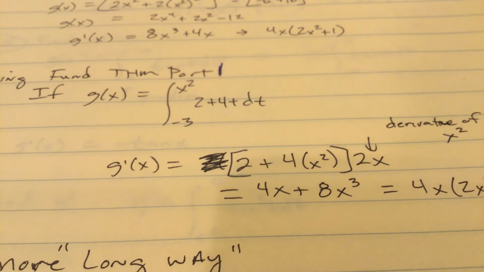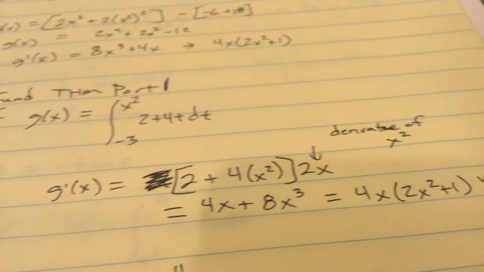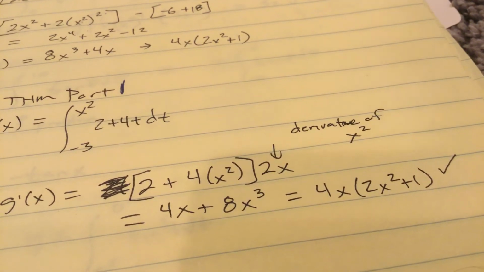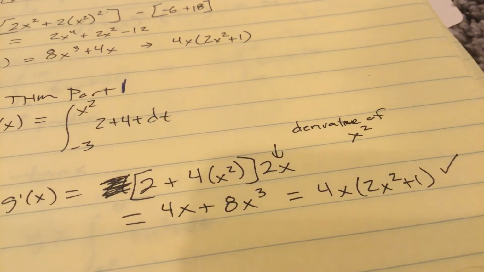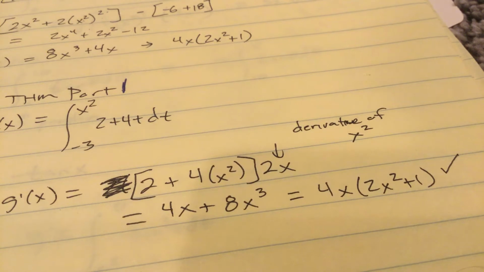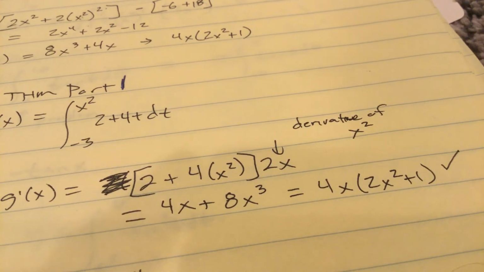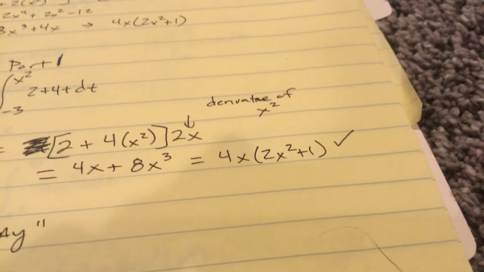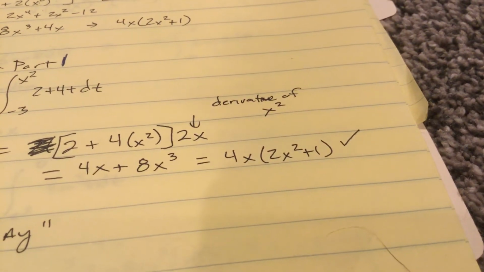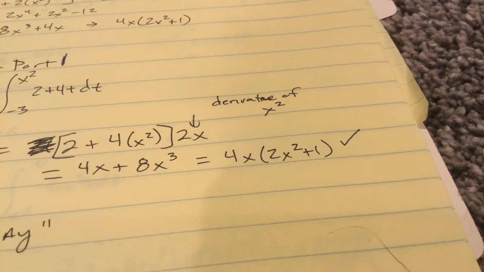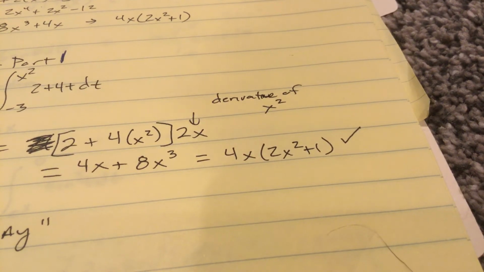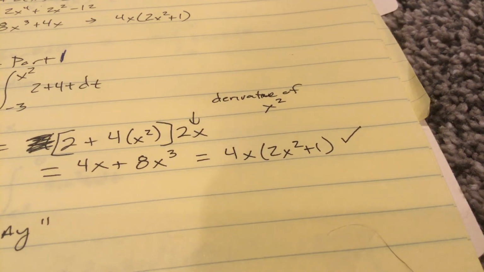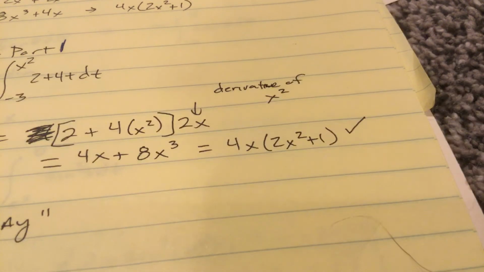I plug x squared in for t, and I also have to find the derivative of that x squared. Just think of it kind of like a chain rule. If you found the derivative of sine 4x, it would be cosine 4x times the derivative of 4x. So multiplied by 2x, when I distribute, that's what I get, which is the same answer as I got above. This way I do not have to integrate and then find the derivative of something. I simply plug in my upper bound, whatever it is in terms of x, and then I have to take the derivative of that.